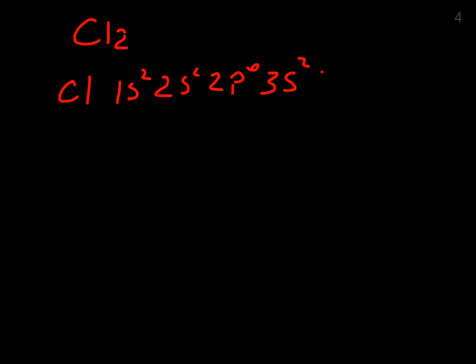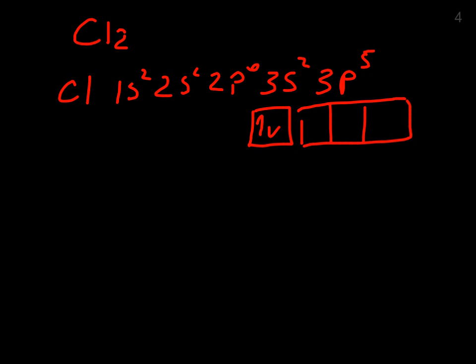Now covalent. And the covalent compound I'm going to draw is a chlorine molecule. So going back to what chlorine was, it had an electron configuration 1s2, 2s2, 2p6, 3s2, 3p5. And to draw that out, I'd have 2 electrons there. In the p, I'd have 1, 2, 3, 4, 5, like that.